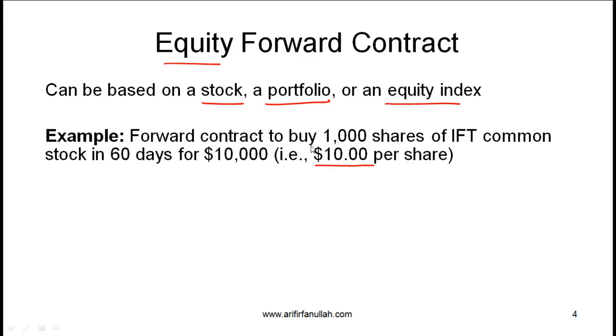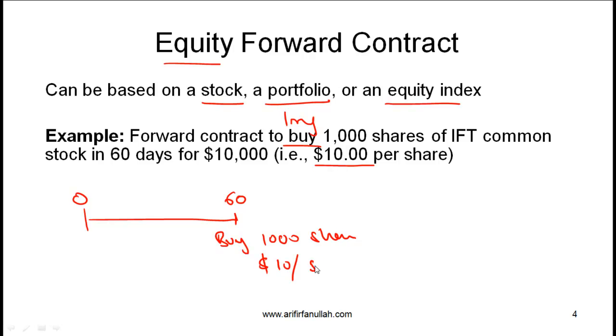Now what is your position? Are you long or short? Remember, since you are getting into a position where you want to buy, your position is long. If we are right now at time 0, what we are saying is on day 60 we are going to buy 1000 shares at a price of $10 per share.